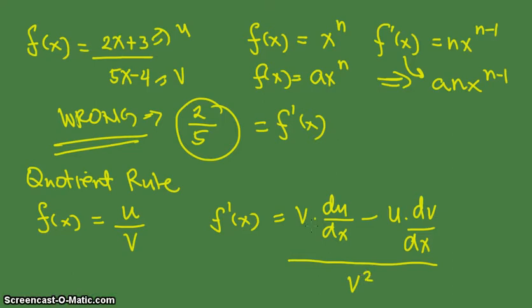So the derivative is v du over dx minus u dv over dx, over v squared.